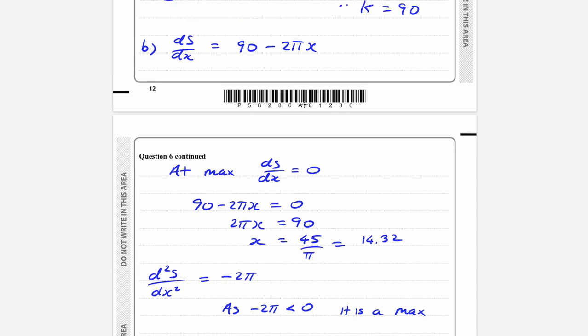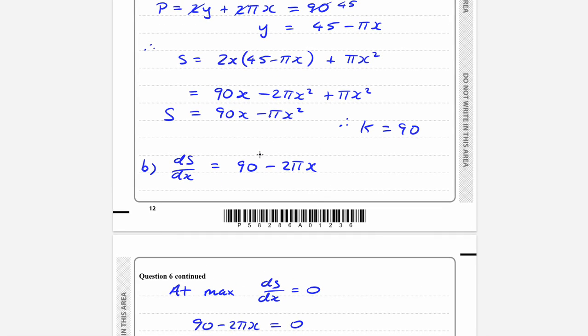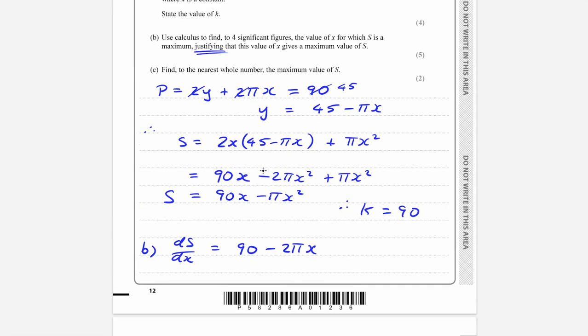You could also justify it, guys, by the fact that this is a negative quadratic, hence it's going to look like this, and it's obviously a maximum, but that's the more common way to do it, and if it wasn't a quadratic, you would need to do that.